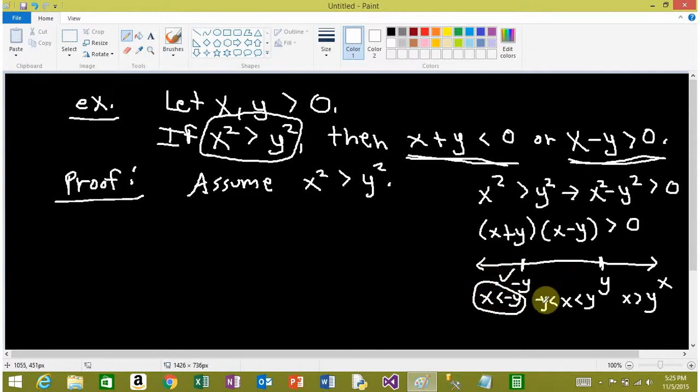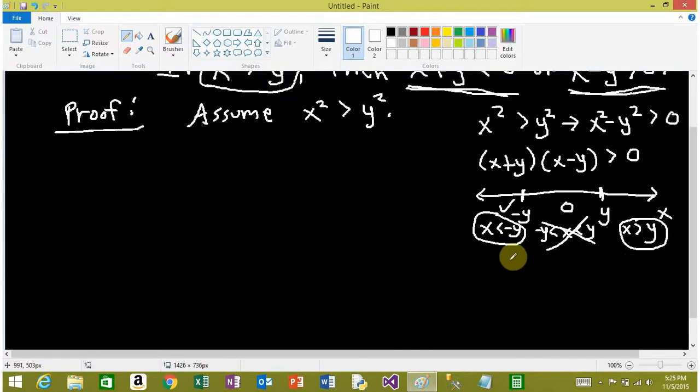If we choose a number between negative y and y, say 0, we get a negative number, so we can cross this possibility out. And if x is greater than y, say 2y, that's positive as well. So there are our 2 cases: x is less than negative y, or x is greater than y.